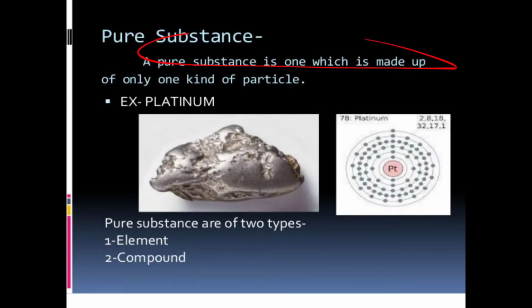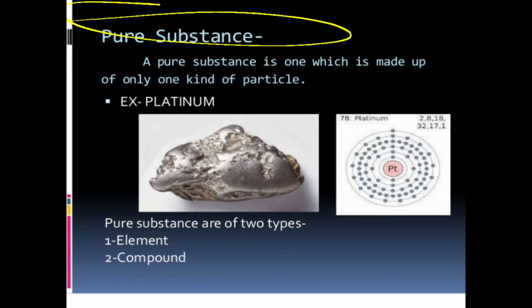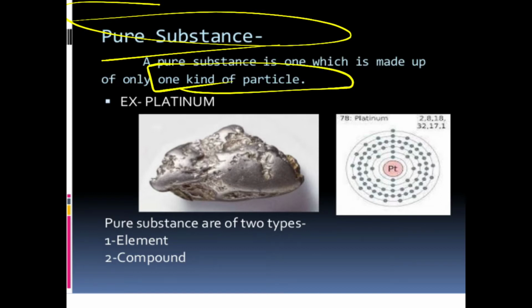A pure substance is one which is made up of only one kind of particle. Pure doesn't mean what we usually mean. In a general way we say, are you pure minded, meaning you speak the truth, but in the scientific way a pure substance is that which is made up of only a particular kind of particle.